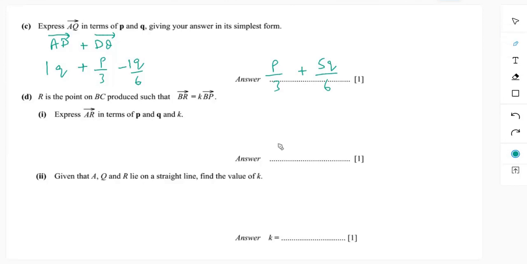Part D. R is the point on BC produced such that BR is equal to K times BP. Now what I actually want to do is I want to have that figure in front of me. So what I can do for that is copy that figure here somehow. I'm copying the figure here. Just give me a few seconds.